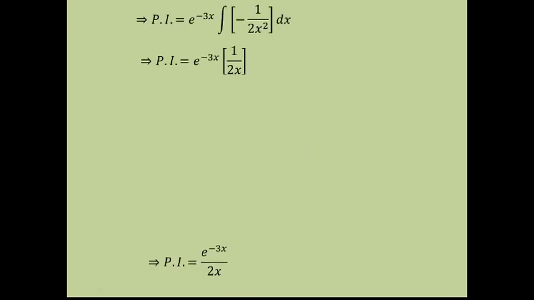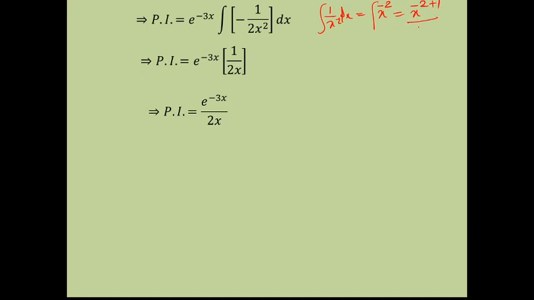Again, apply the same formula, same process. What will be the integration of 1 by x square? We can write it as x to the power minus 2, that is equal to, by the formula, x to the power minus 2 plus 1 upon minus 2 plus 1.